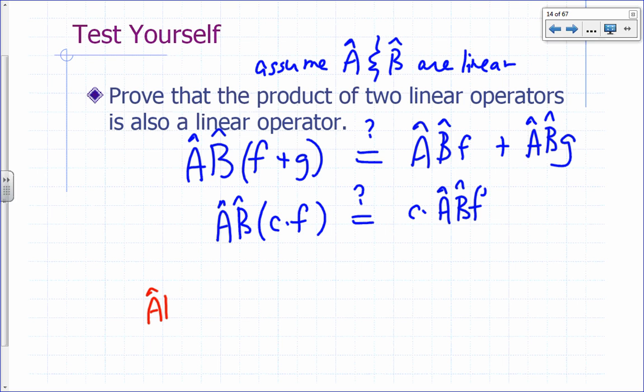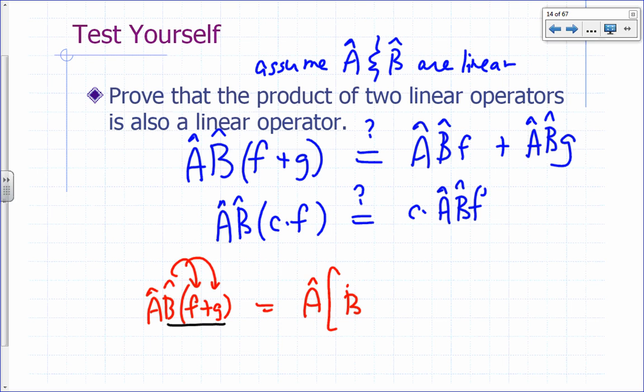A hat B hat operating on f plus g. When you're multiplying operators, what do you do? You apply the rightmost operator first, right? Since B hat is a linear operator, what does this tell me? I can distribute B, because B is a linear operator.